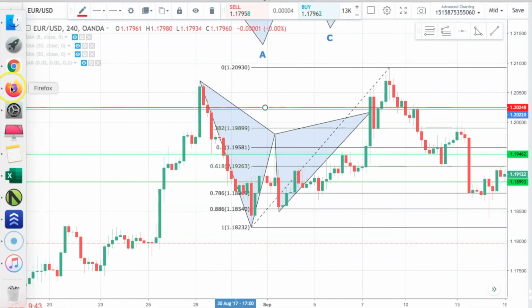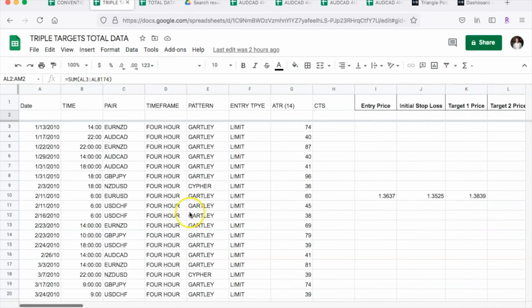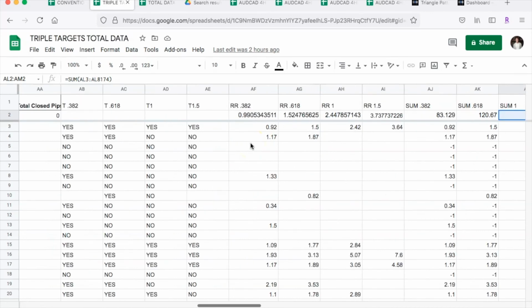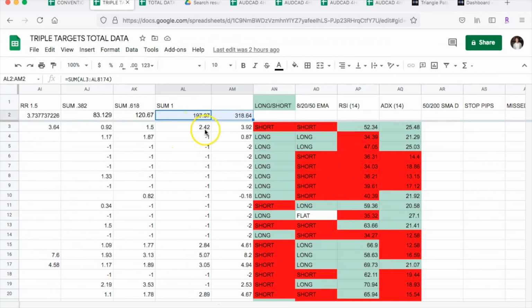I've developed this little spreadsheet for backtesting. This is what I use for backtesting. It'll show you your yield for each year. It'll show average yield, your max drawdowns. You can even go in here. It'll have your entry dates, your pairs, entries, stops, targets, whether you hit those or not, your risk rewards, your returns.